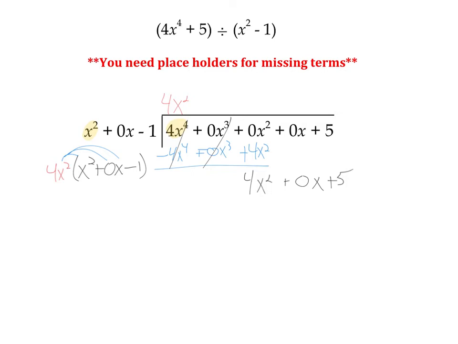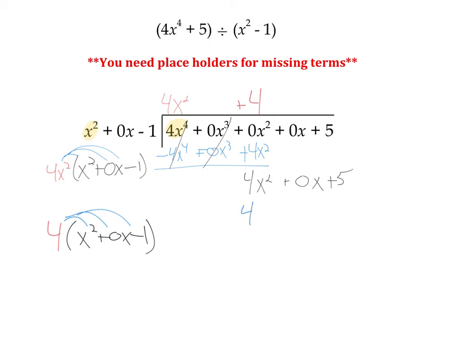So now same thing. First term, how do I turn an x squared into a 4x squared? Well, I just multiply it by 4. So then I'll take that 4, and I'll multiply that into my divisor of x squared plus 0x minus 1. Just like before, we're doing the same thing over and over.